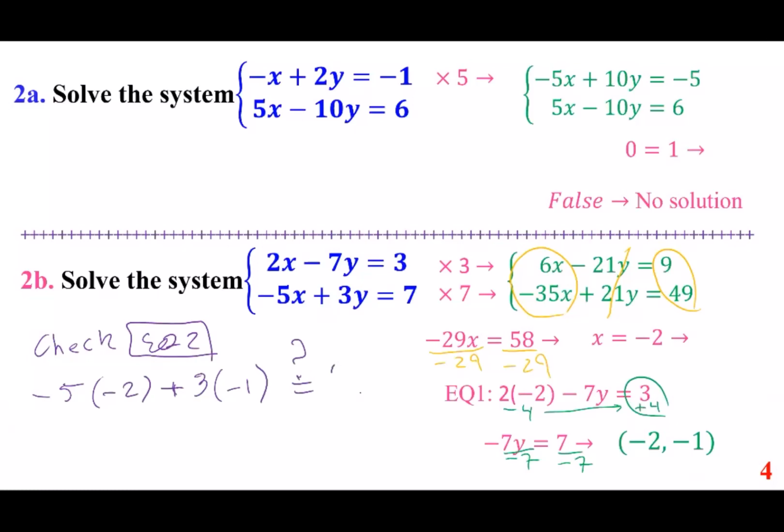There's a question mark. Do they add up to 7? As you can see, this is 10 minus 3. It checks, and now you are positive that you have the correct answer.